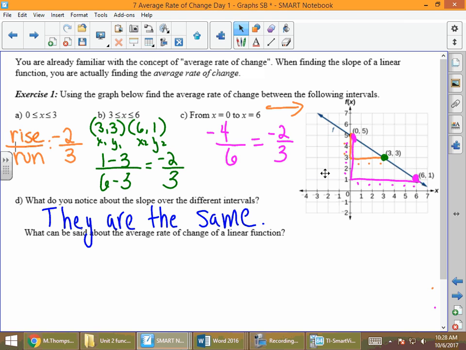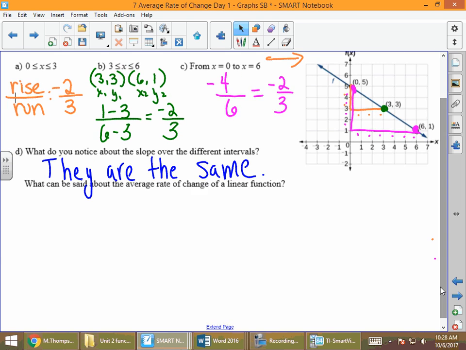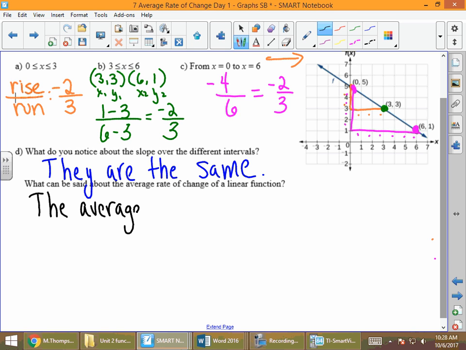So what can we say about our average rate of change? Again, the average rate of change, which we sometimes abbreviate. Average, got to put the rate in there. Average rate of change.